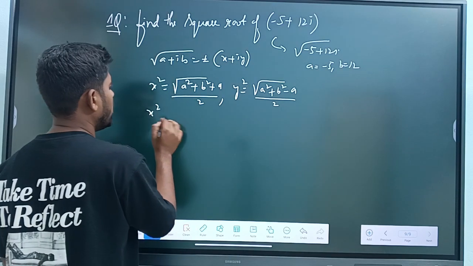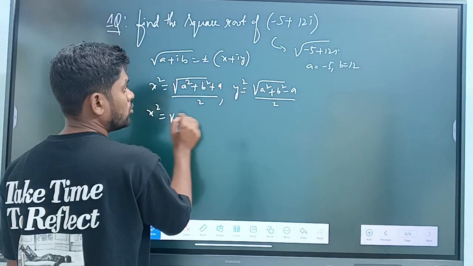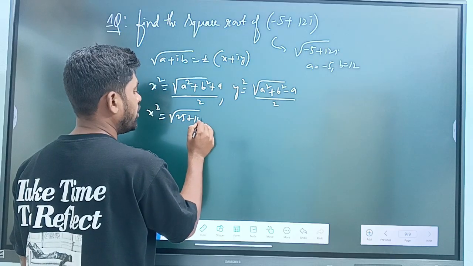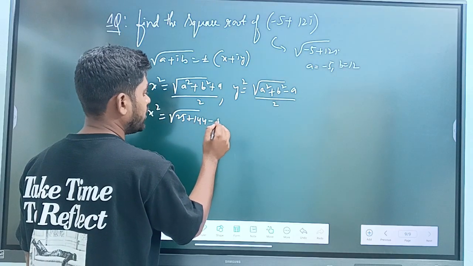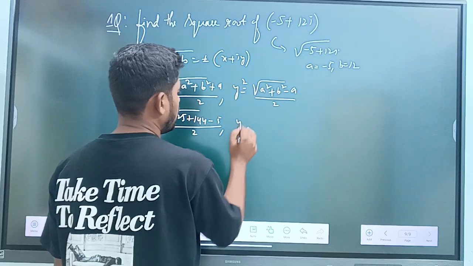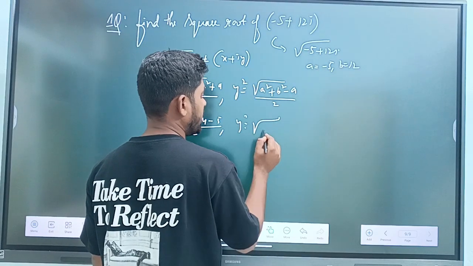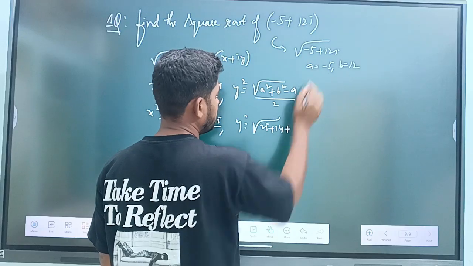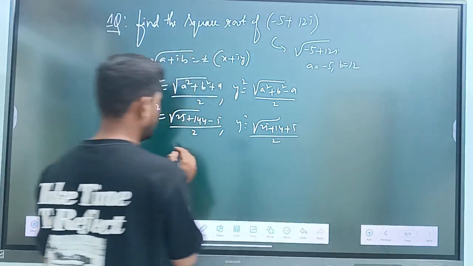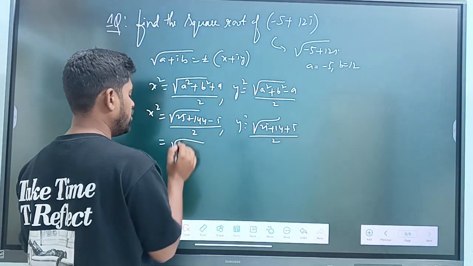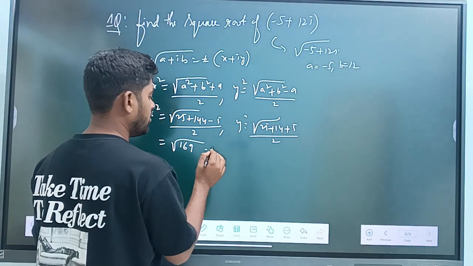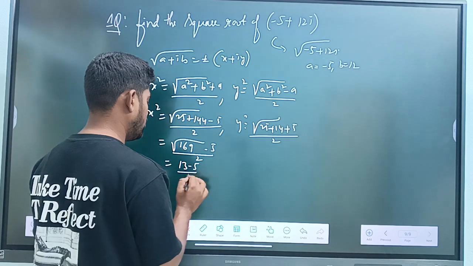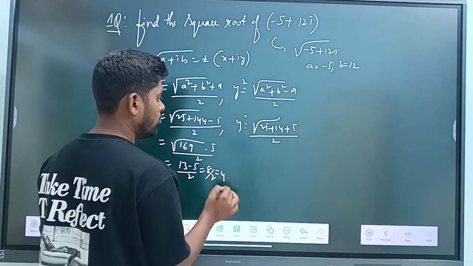Substitute x square as root of 25 plus 144, minus 5 by 2. Simplify this, root 169 minus 5 by 2, that is 13 minus 5 by 2, 8 by 2, that equals 4.